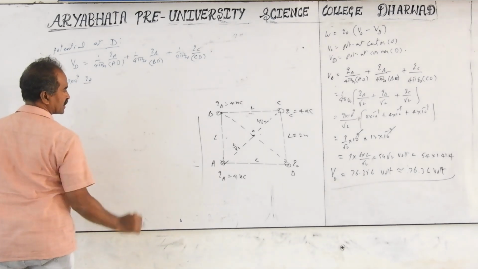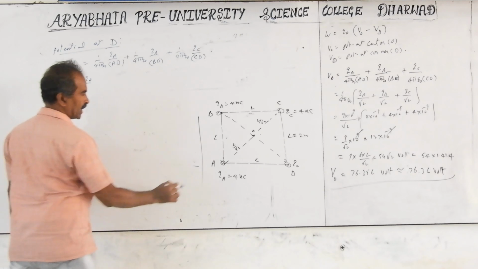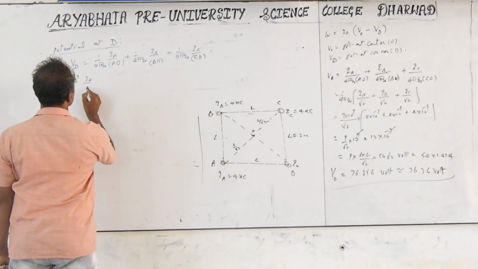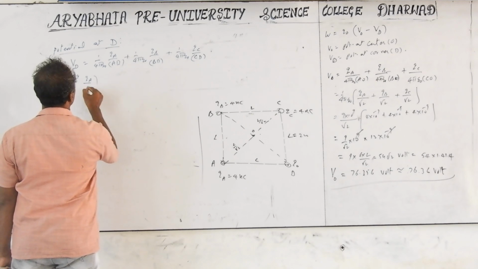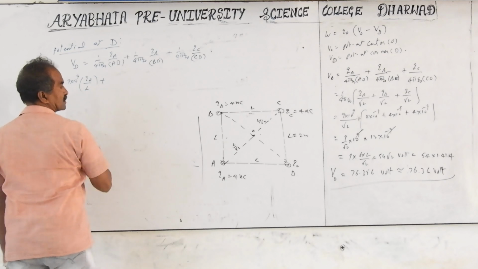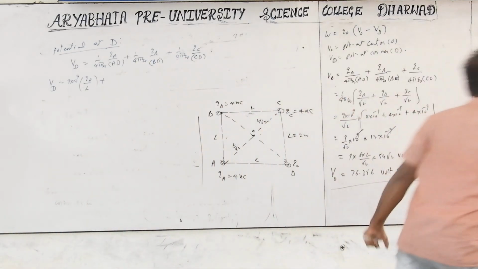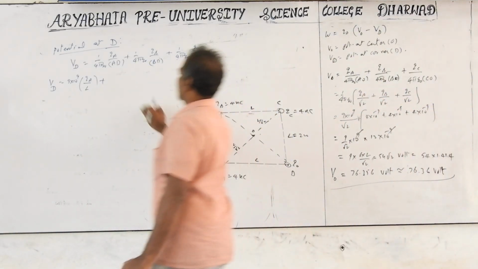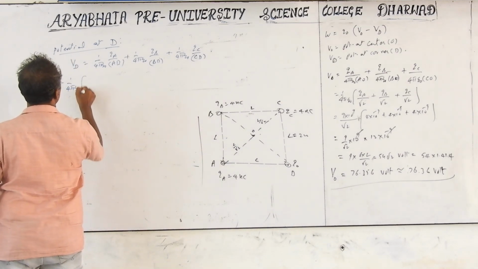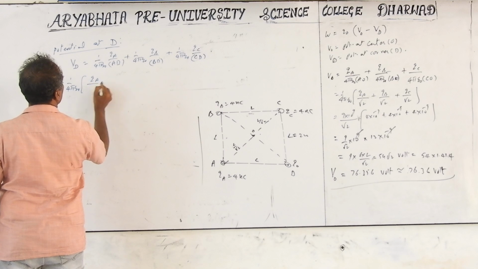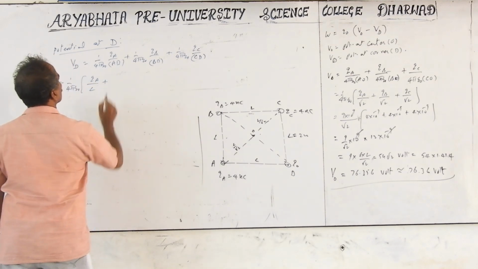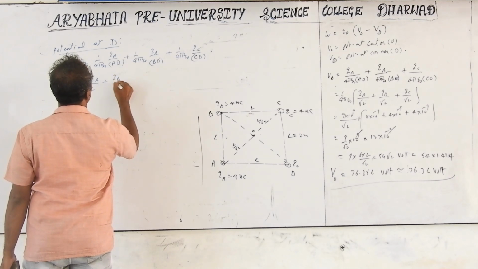Distances you have to be careful. AD is equal to L, L is 2 meters. I can take out 1 by 4 pi epsilon naught, so QA by AD is L, plus QB by BD.